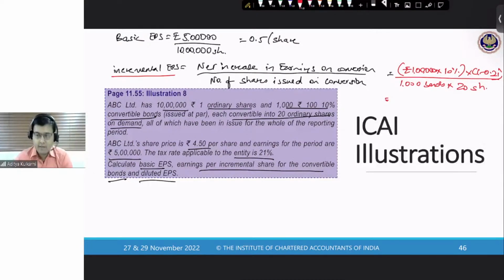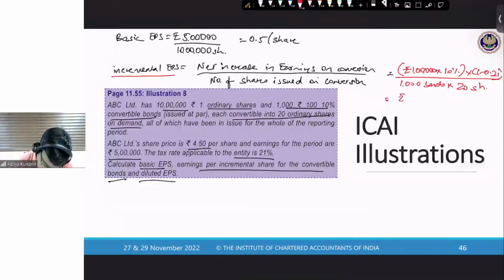So that is equal to 1 lakh into 10%, 10,000, into 1 minus 0.21.